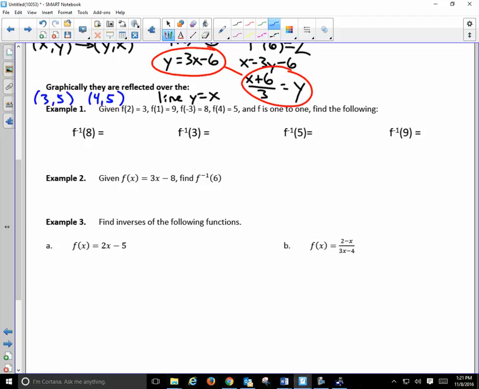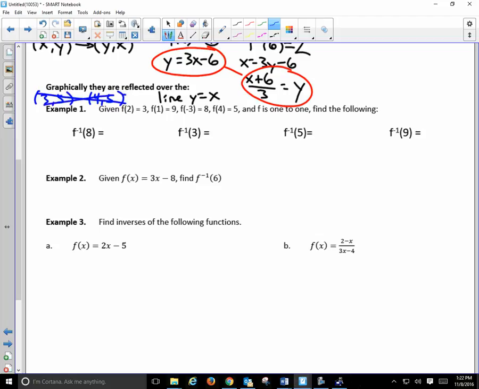If I ask you f of 4, what would you tell me? 5. If I ask you f inverse of 5, what would you tell me? Yeah, it's like, which one is it? So therefore, the inverse is not a function. And so this is not one-to-one, okay? Because we have one output that corresponds with two inputs. So this is not one-to-one.